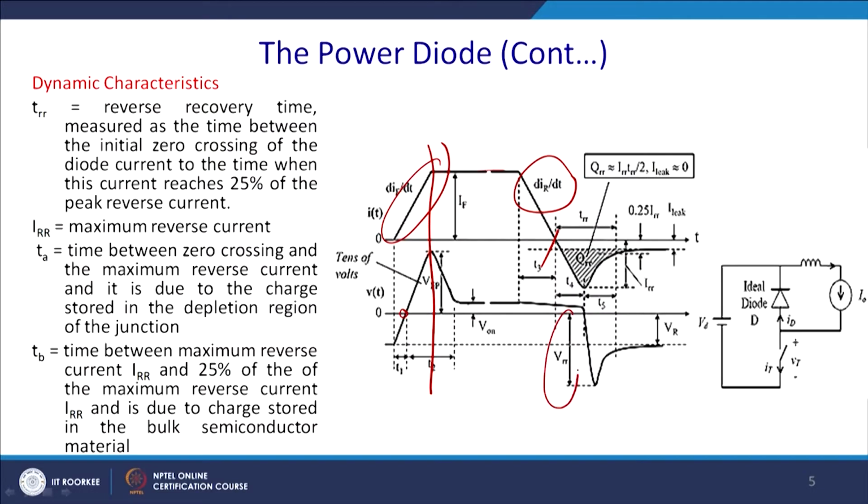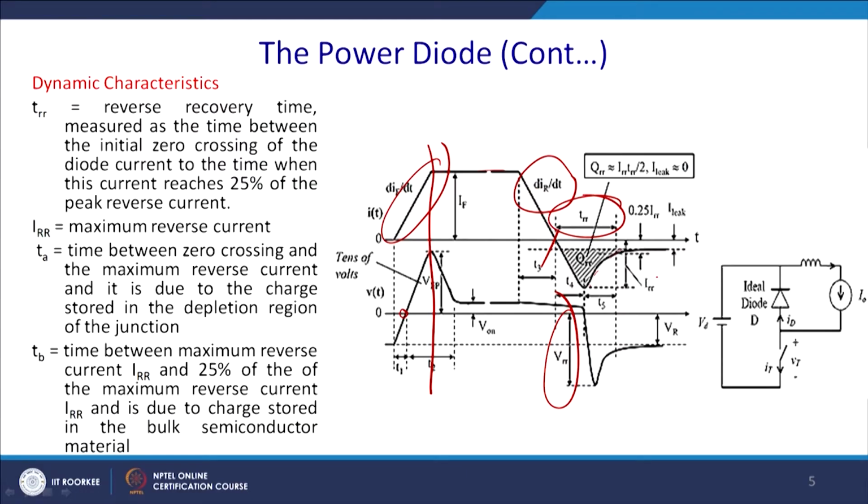For this reason you have to apply a reverse voltage, called the reverse recovery voltage VRR. Then these trapped charges come out gradually, and the current flows in the negative direction for a short duration, and ultimately it goes out again. This total time is called TRR, and there will be a leakage thereafter.